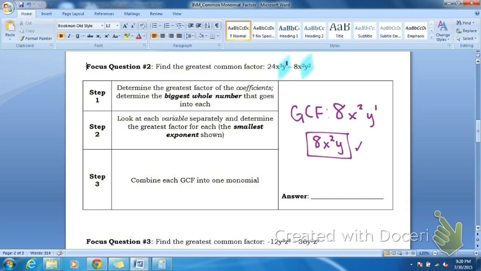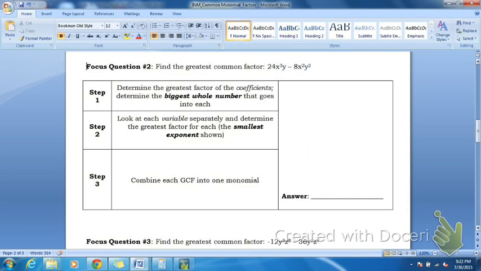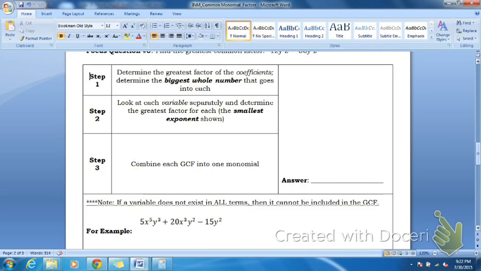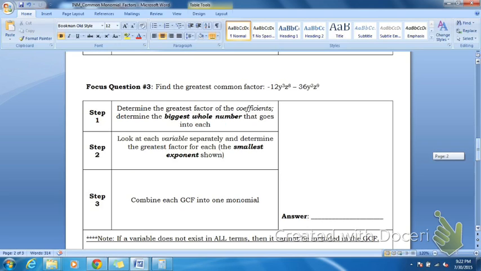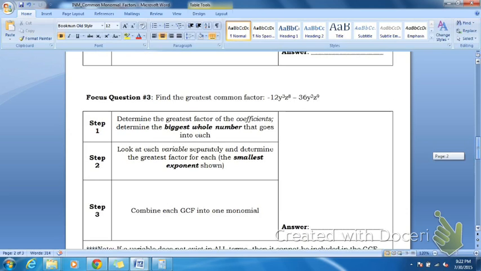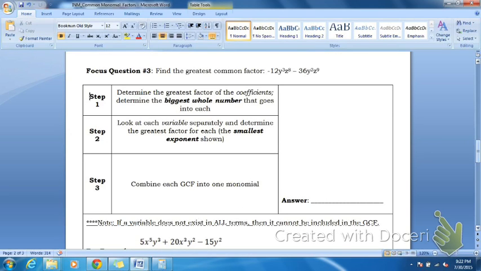Okay. And let's move on to the last example. So, let me scroll up a little bit so we can see it. Okay, now with this example, you'll notice that we're starting with a negative coefficient. Our leading coefficient is negative 12.